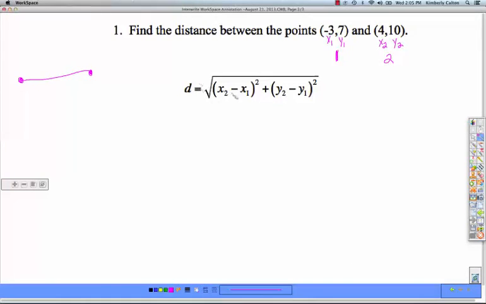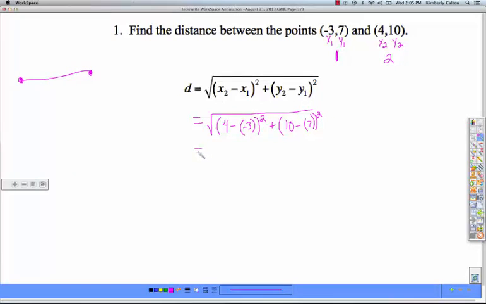Now that we have these x and y values, we're going to go ahead and solve our equation. So we have x2, which is 4, minus x1, which is negative 3, squared, plus y2, which is 10, minus 7 squared.